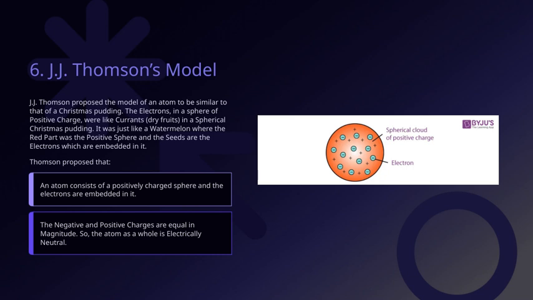This balance is crucial because it explains why atoms are stable and don't just fly apart. So, in essence, Thomson's model gave us a foundational idea of the atom as a positively charged pudding, with negatively charged electrons embedded within. This was a significant step in understanding atomic structure and set the stage for future discoveries.